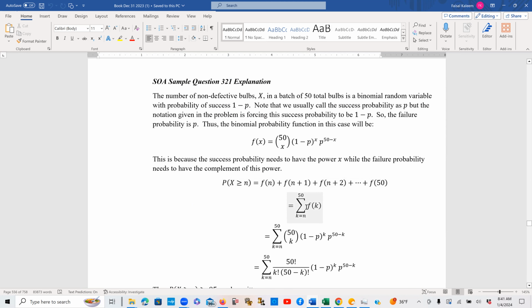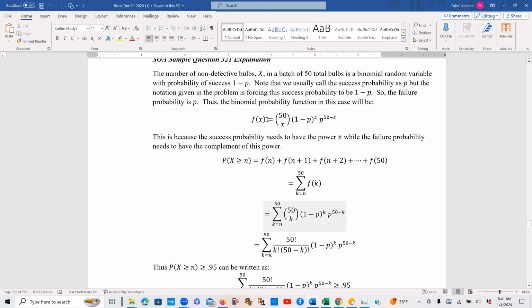So that is basically the summation of f(k) from k equals n to 50. And f(k), if we substitute k over here, will be 50 choose k, (1 minus p) to the power k, and we're replacing x by k, p to the power 50 minus k.